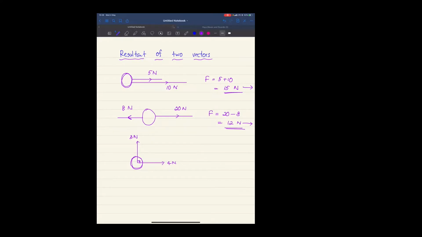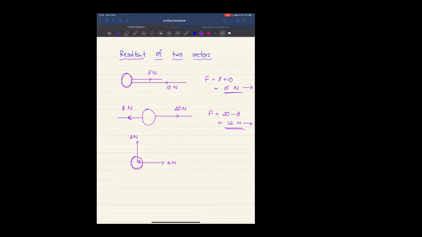Very good. Listen. If they are in the same direction, you add the forces. If they are in opposite directions, you subtract the forces. But if they are perpendicular, you can't add or subtract. There's a way of finding it.